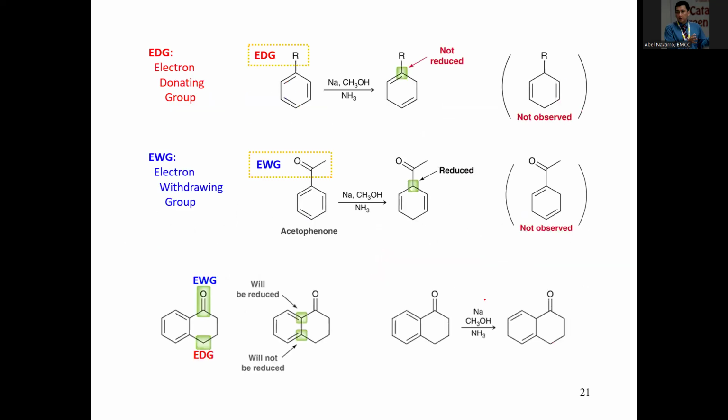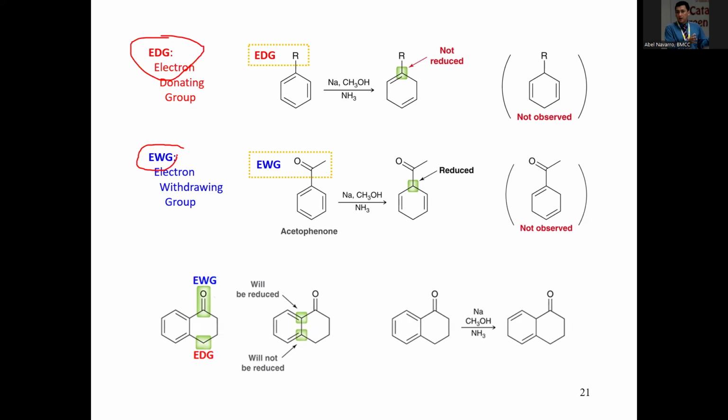We don't need to know this mechanism, but the only important thing is that you have to remember the electron-donating groups and the electron-withdrawing groups. We went over these groups in the previous chapter, chapter 16, about conjugated dienes and pericyclic reactions. I showed you at some point the most common electron-donating groups and electron-withdrawing groups when we were doing the Diels-Alder reaction.